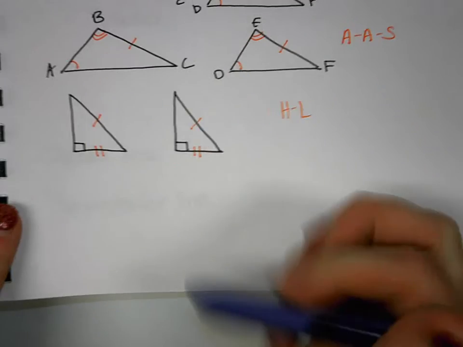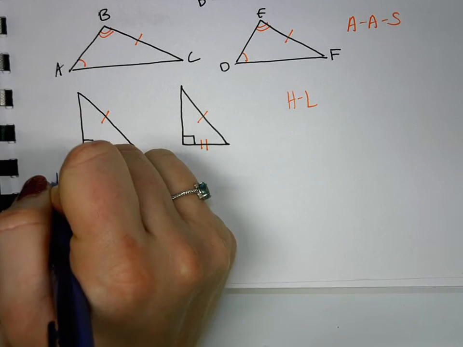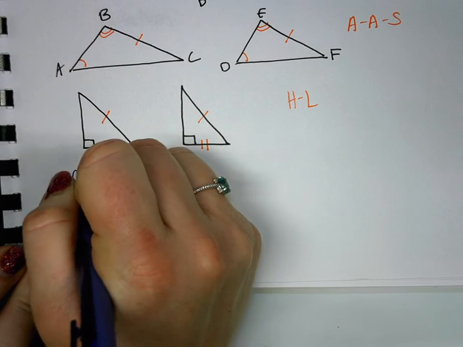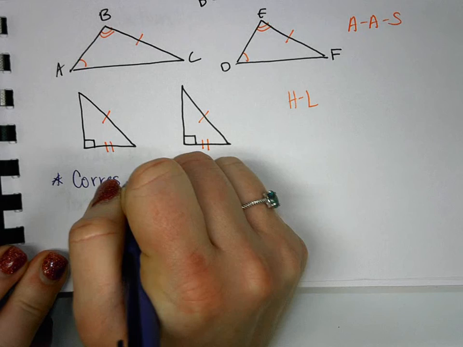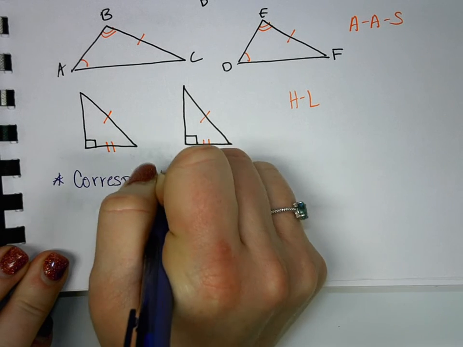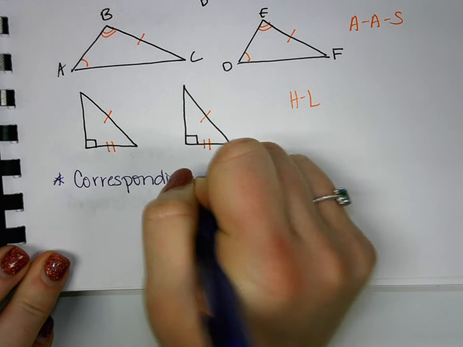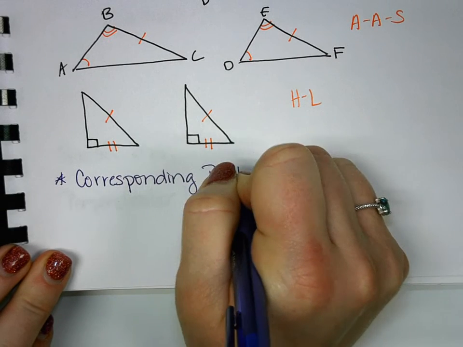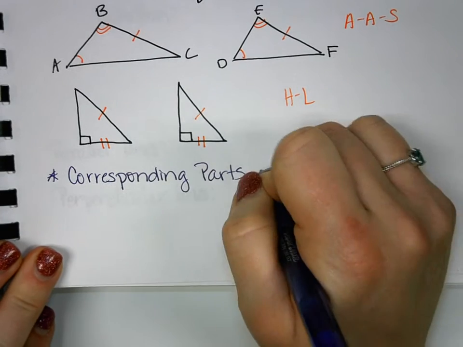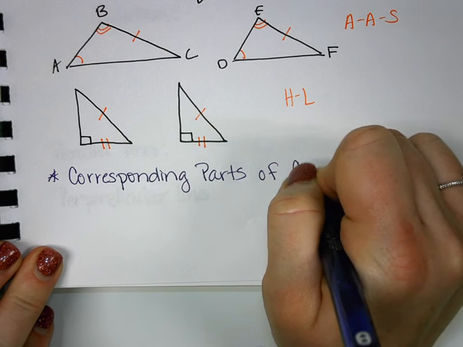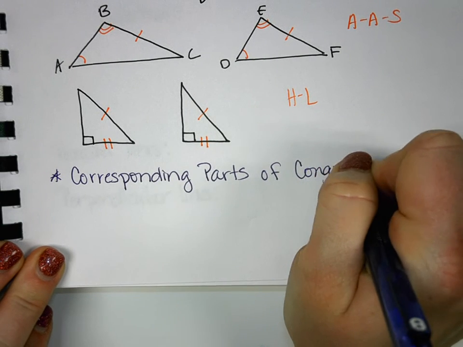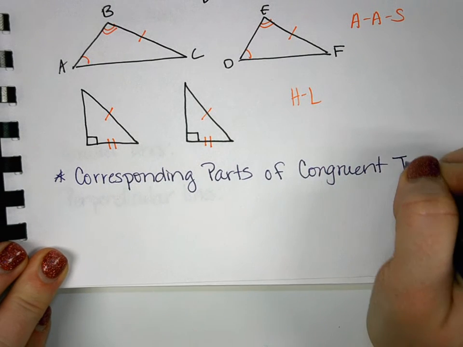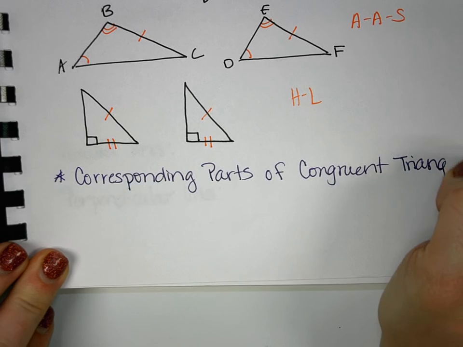We also had, with our triangle congruence proofs, something we could use called corresponding parts of congruent triangles are congruent.